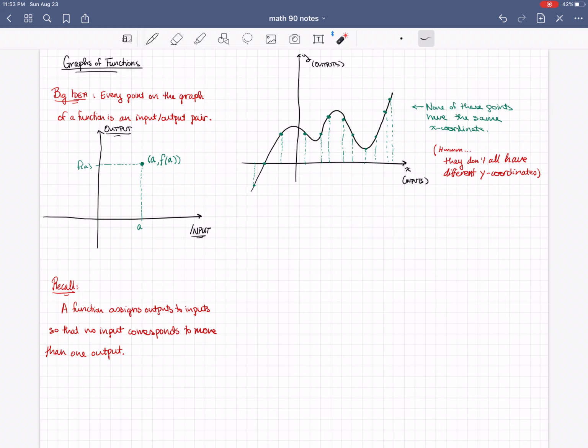In fact, you could have a constant function where all of the inputs map to the same output, as long as you never have one input that goes to more than one output. So this is an example of what the graph of a function could look like. So I'm actually going to say this could be the graph of a function.